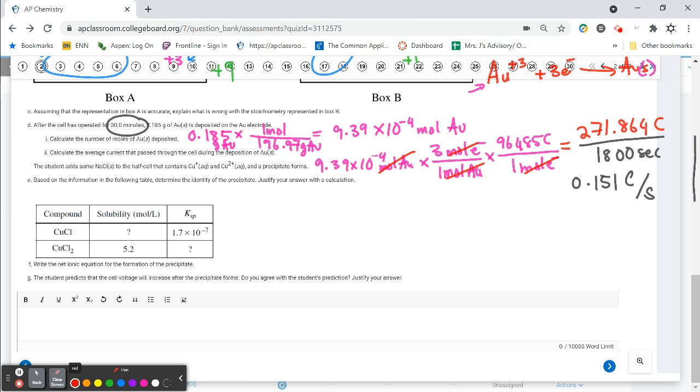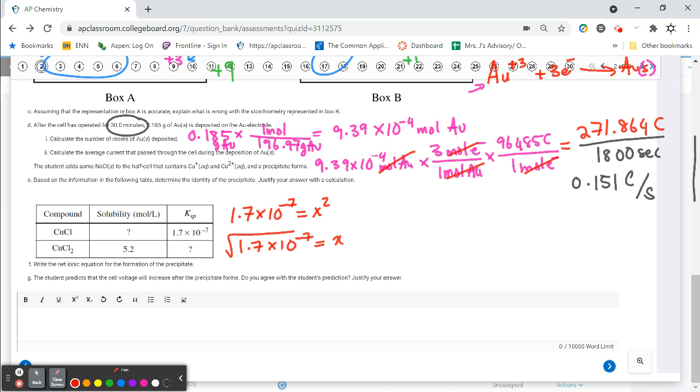So, if the KSP for copper 1 chloride is given, that means 1.7 times 10 to the negative 7 is equal to x squared. You're looking for x, so square root of 1.7 times 10 to the negative 7 is equal to x.